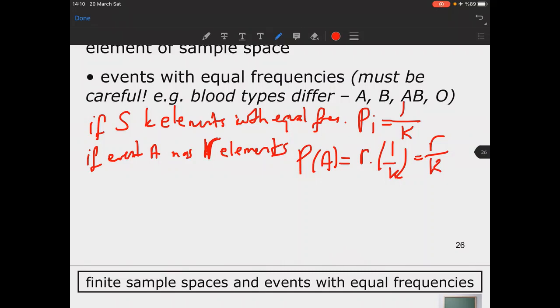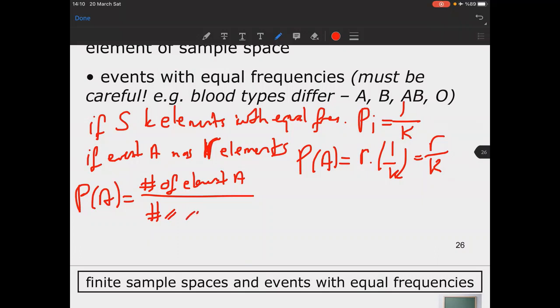So that's the idea about the events with equal frequencies here. You count the number of elements in A over the number of elements in your sample space.